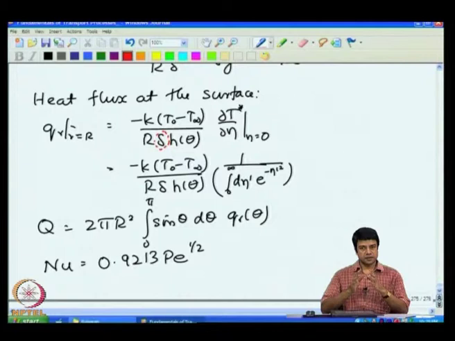The thickness of that region goes as Peclet number power minus 1/3 when there is a no slip condition at the surface. It goes as Peclet number power minus half when the velocity is non-zero at the surface. From that straight away the Nusselt number goes as Peclet number power plus 1/3 when there is no slip condition at the surface, goes as plus half when there is a slip at the surface.